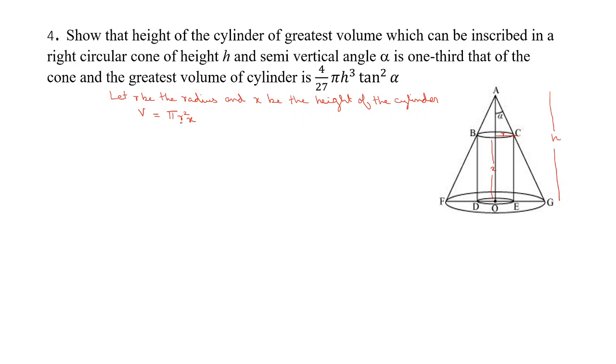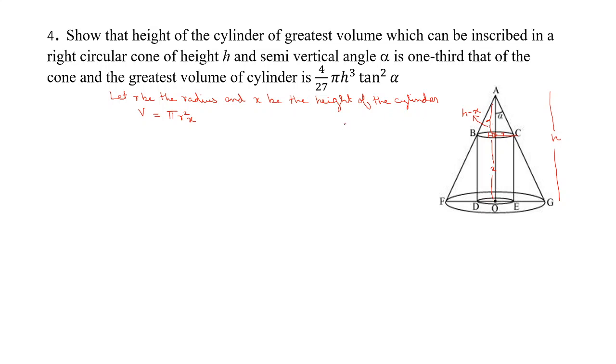So before differentiating, we have to convert either r or x in terms of the given quantities, that is the height of the cone and semi-vertical angle. If this point is taken as h, then AH will be equal to the height of the cone minus the height of the cylinder, that is h minus x.